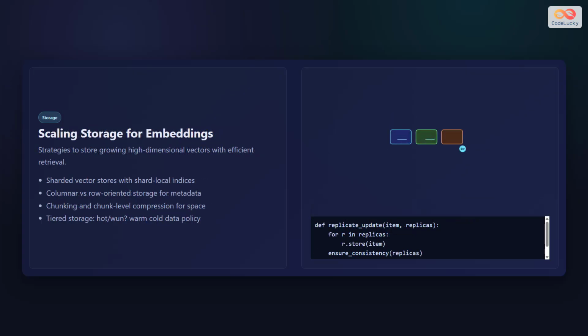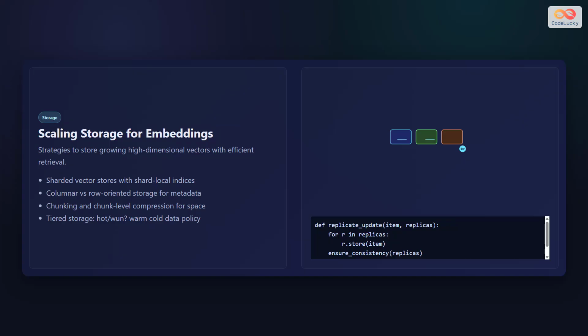As data grows, storage becomes a challenge. Sharded vector stores distribute data across multiple storage nodes, with each shard maintaining its own index. Columnar storage organizes data by dimension, improving compression and analytical queries, while row-oriented storage is better for individual record access. Chunking breaks large datasets into smaller pieces for easier management. Compression techniques reduce storage requirements without losing critical information.